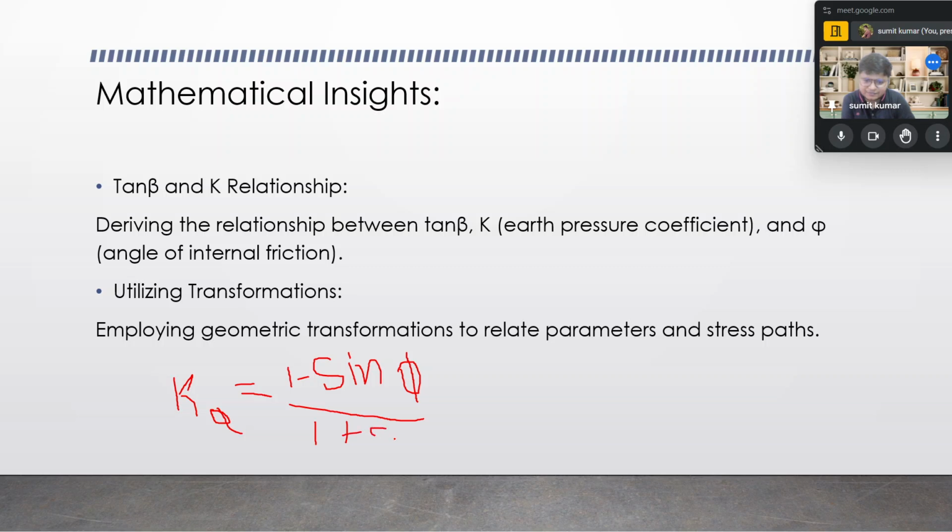And the passive earth pressure coefficient is the converse of this. The value of Kp is nothing but 1 by Ka, 1 divided by Ka.